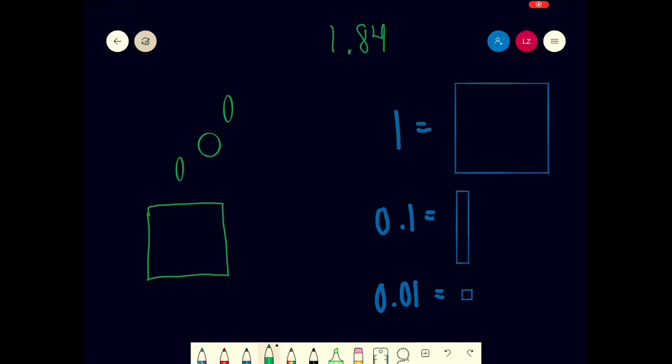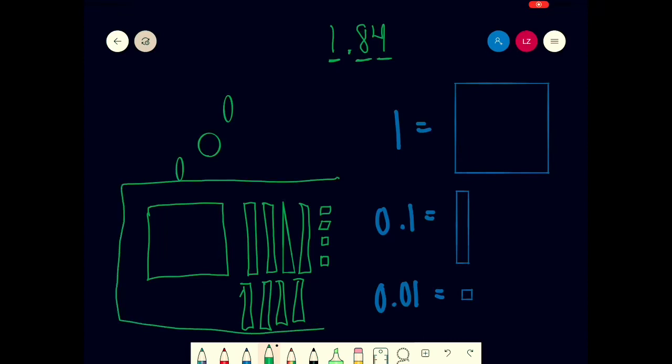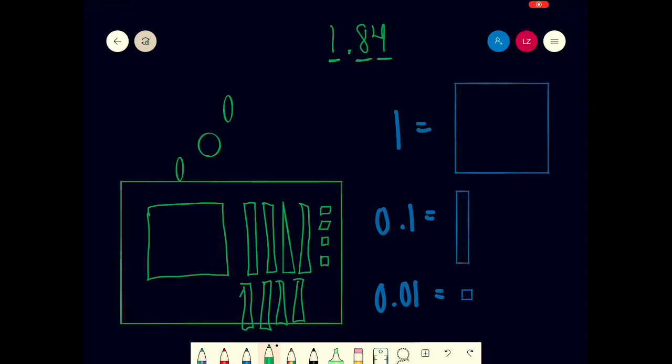All right, 1 and, I had to make this easy on myself, 80, so that would be 1, 2, 3, 4, 5, 6, 7, 8 tenths, 1 whole, 8 tenths, and 4 hundredths. 1, 2, 3, 4. Okay, this right here is what it wants when it says use base 10 blocks to show the product.